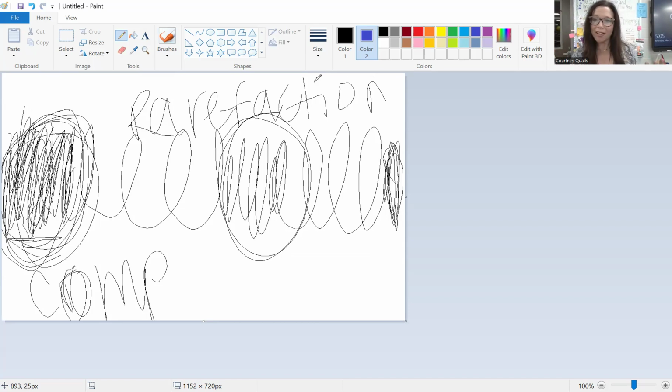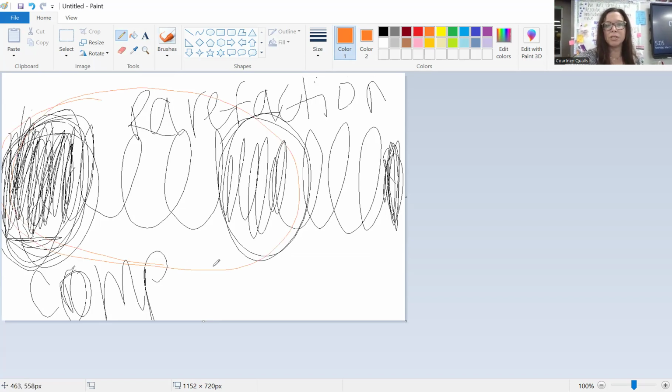Okay. And I told you how to figure out where wavelength was on a transverse wave, but on a longitudinal wave, it goes from compression to compression.